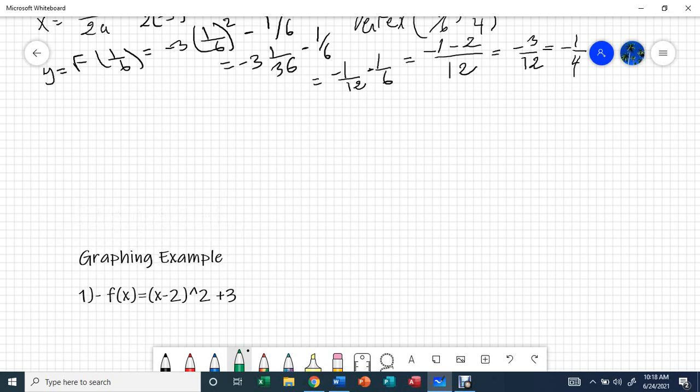So if your function is given in the standard form, like f of x equals a times x minus h squared plus k, then your vertex is (h, k).